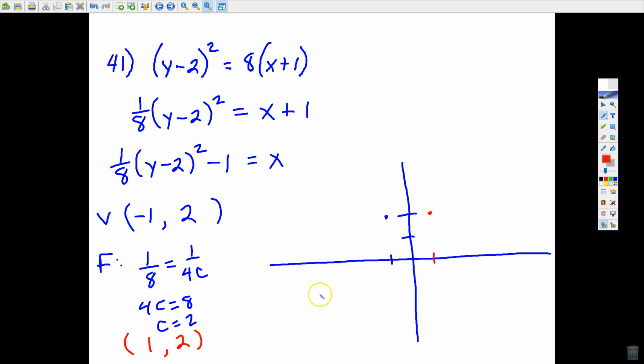To get to the directrix, I'm going to go back to the vertex. I'm going to go c places in the other direction, meaning left. So if I go 2 to the left and I draw a vertical line, what is the equation for that vertical line?